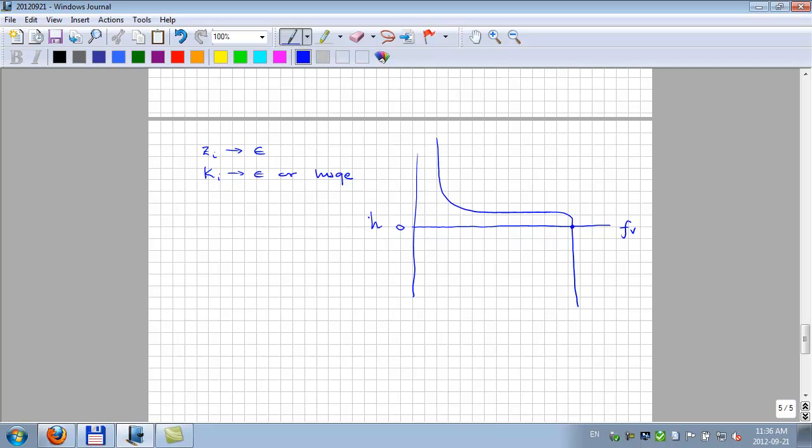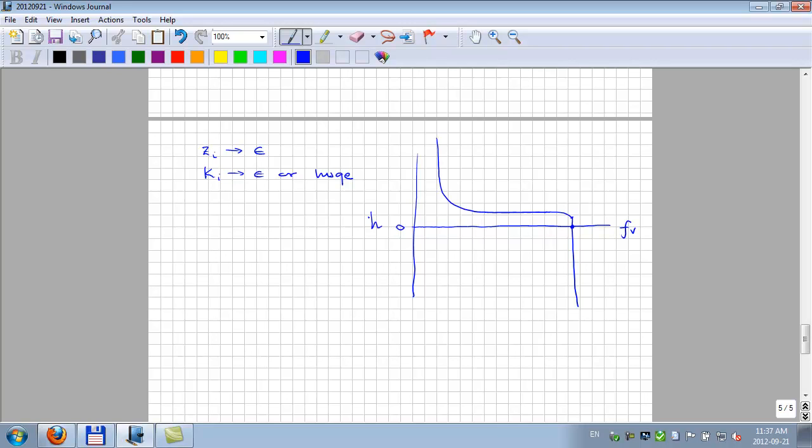The point is that if you change the value of f of v very, very small, you're still on one side or the other of this solution. So you don't see any change in the value of h. And if you go too far, then you go way back on the top side.